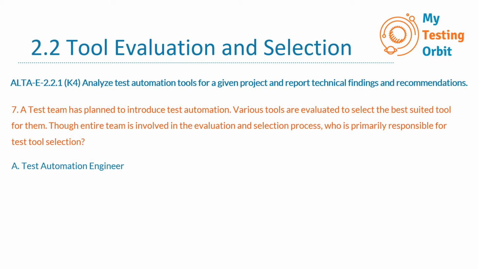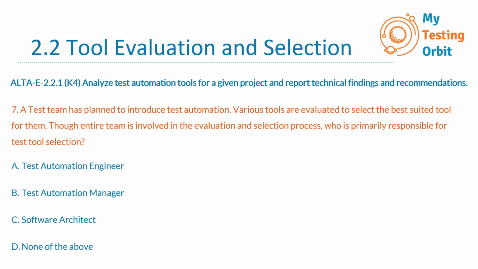And the options are test automation engineer, test automation manager, software architect, and the last one is none of the above. So test automation engineer looks like a likely option, but the test automation engineer usually is involved in supplying the information to the test automation manager and conducts many of the evaluation and selection activities, but at the end the main responsibility lies with the test automation manager.